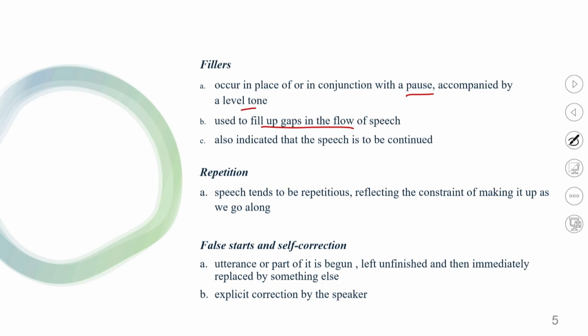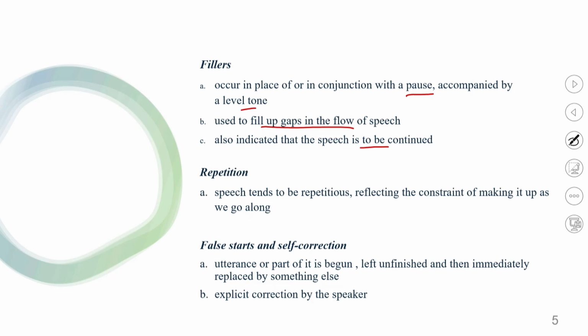Sometimes we use a lot of those fillers, just some empty sounds to take some time till you think, and also to indicate that the speech is to be continued. So, we are not completely stopping, we are taking a pause with a level tone, some sound that we are making, and then we are indicating that we have not completed.